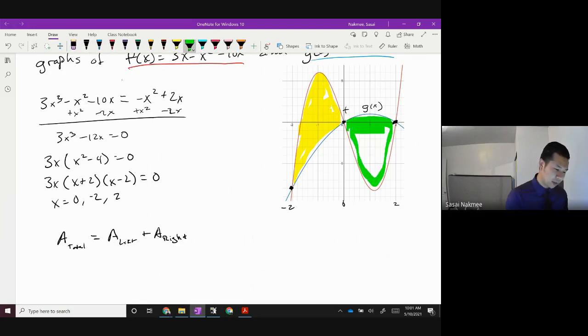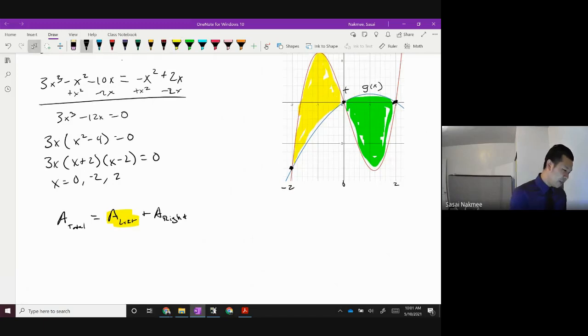So if I'm looking for the area on the left, this guy right here, all I'm going to have to do is take the integral from where it starts to where it finishes. It starts at -2 and goes to 0, from here to here.